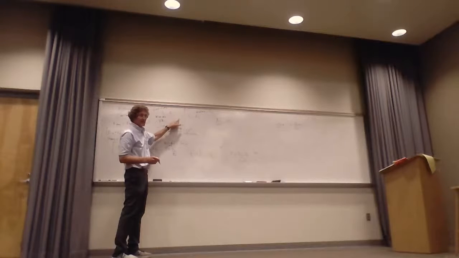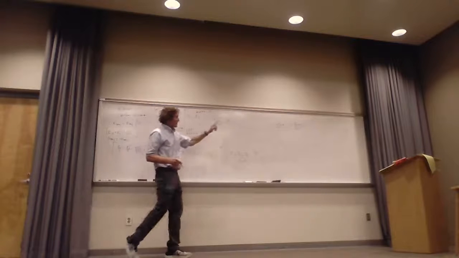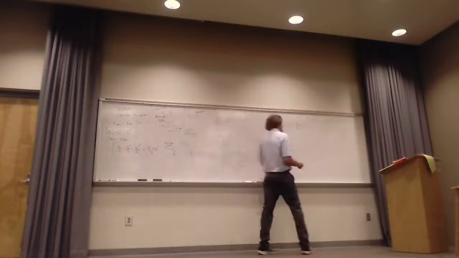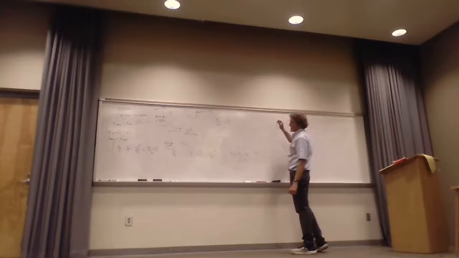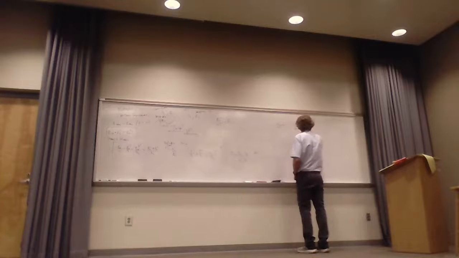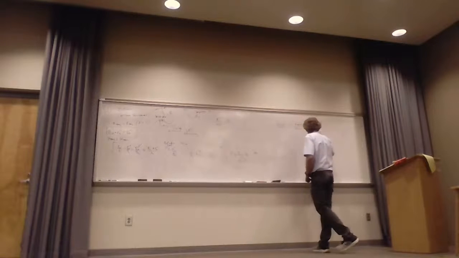Now, I'm not going to get into it right now. For this, the ratio of maximum to minimum, I'm just going to put it down because I'm out of time, will be 1 plus the magnitude of the reflection coefficient over 1 minus the magnitude of the reflection coefficient.